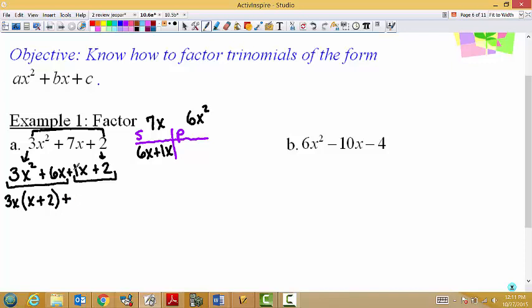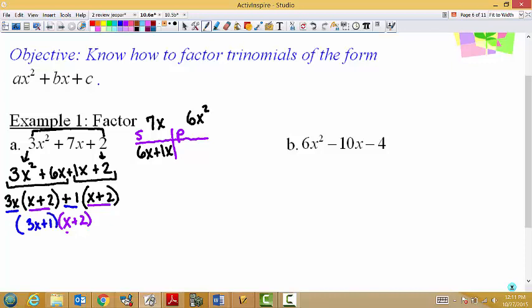The biggest number that will go into both of them is 1. And now you divide. 1x divided by 1 is x. 2 divided by 1 is 2. Okay? And then the last step is the same as always. These are the same. And then 3x plus 1.